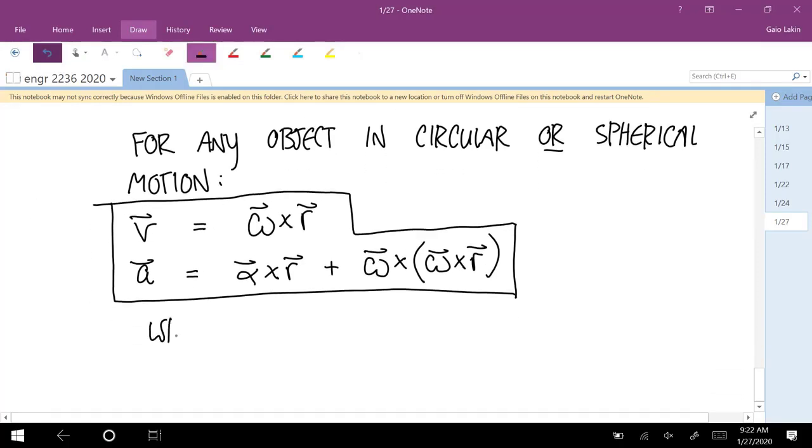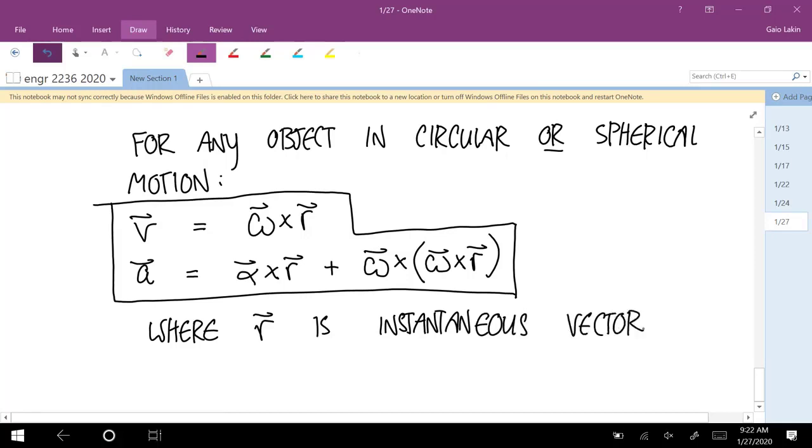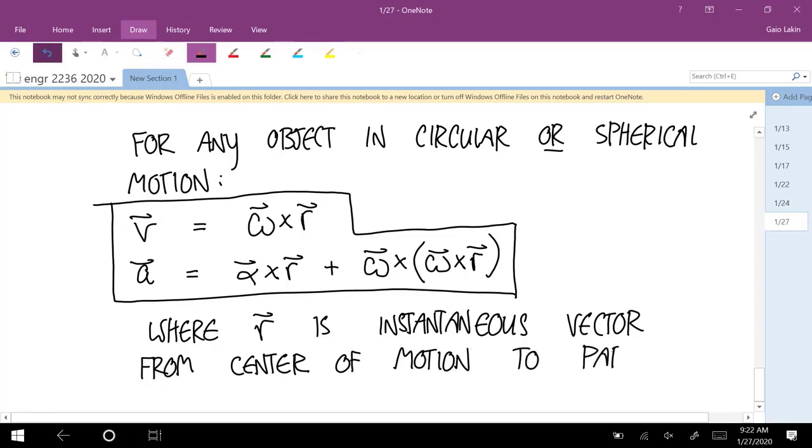This r vector is the instantaneous vector from the center of the motion to the particle.